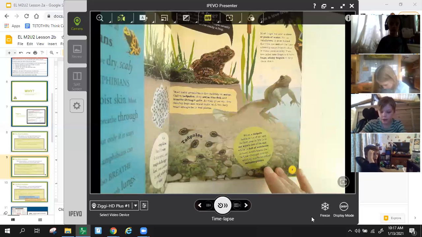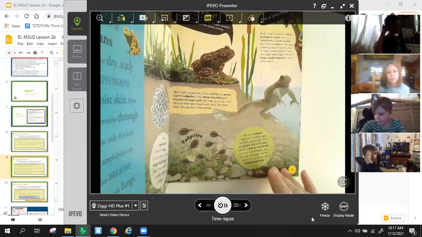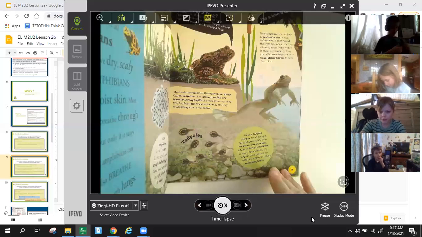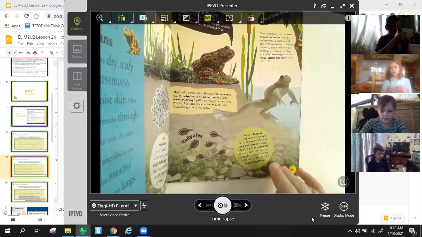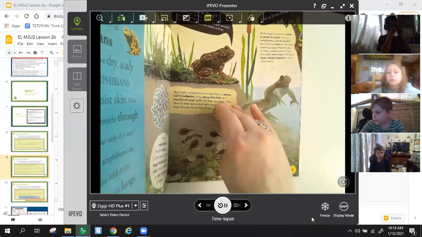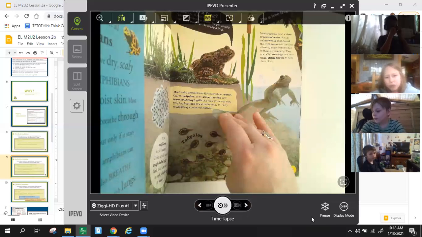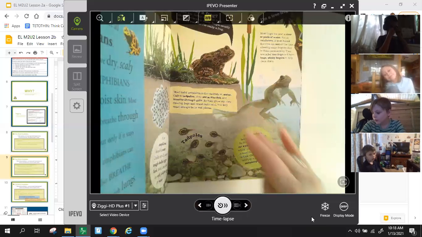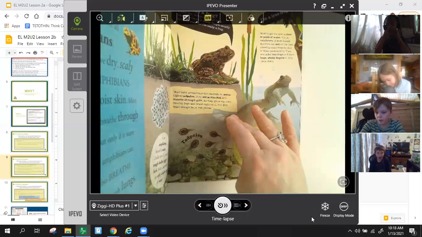How tadpoles hatch and then become adults, right, is metamorphosis. Very good. So these two paragraphs both have to do with being basically a baby amphibian and changing into an adult. Both of them have some information about being a baby and becoming an adult.